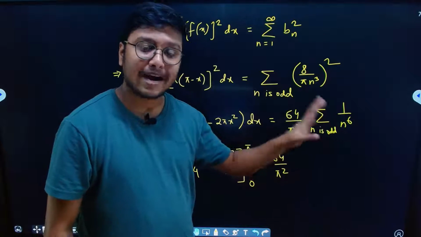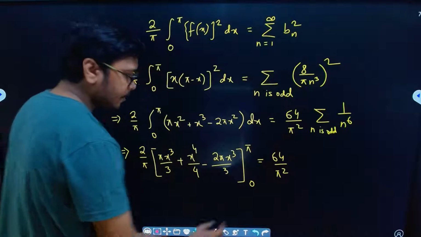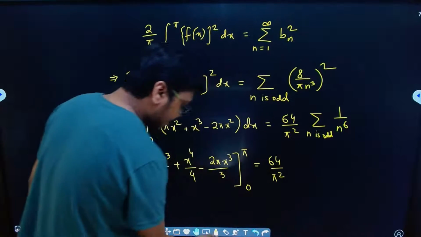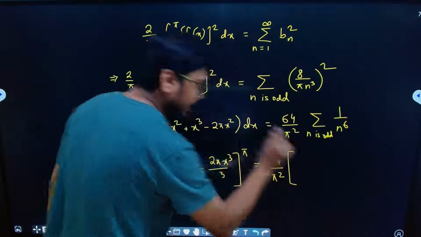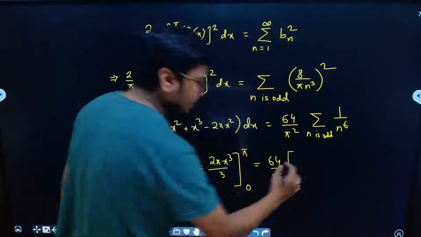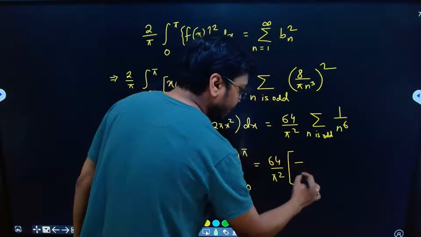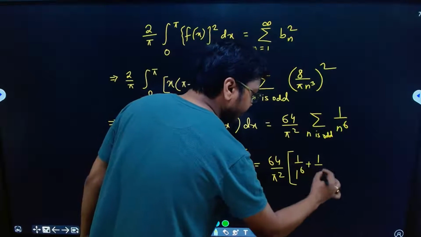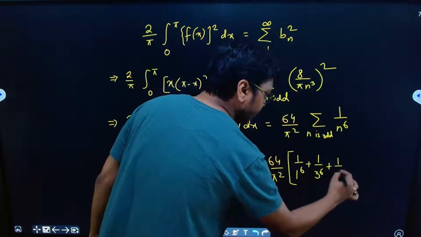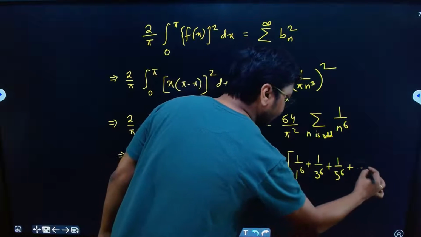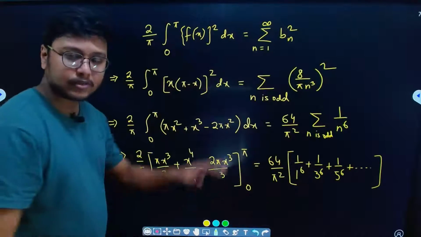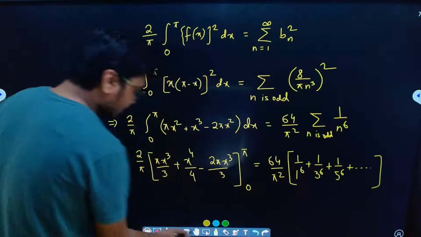So I have to do some adjustment over here. It is better I expand the summation. I will write down all the odd terms one by one. So when n is 1, I will have 1 by 1 to the power 6, 1 by 3 to the power 6, 1 by 5 to the power 6, and so on.